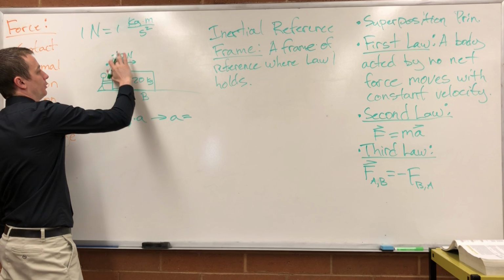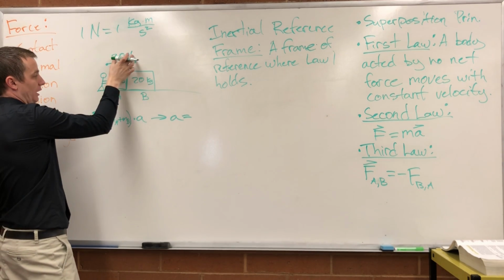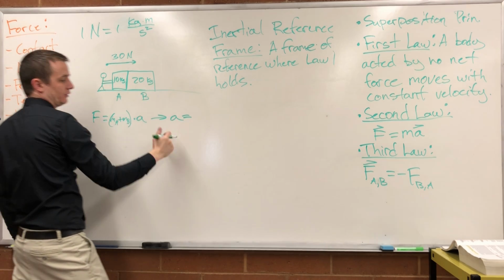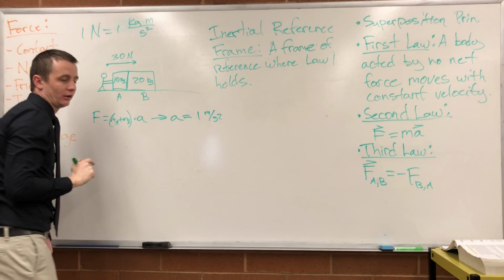So let's just make the force 30 newtons, just so that all the numbers come out really clean. If the force was 30 newtons, then the acceleration is going to be 1 meter per second squared, right? So that's how the whole system accelerates.